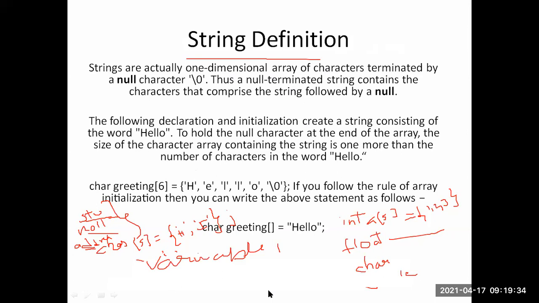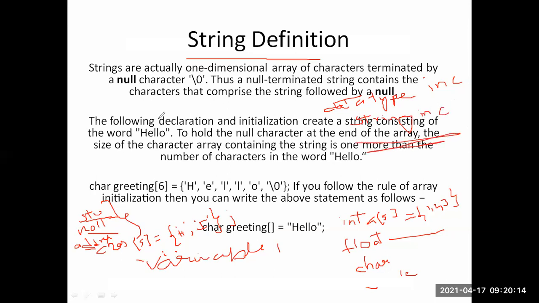Does any data type represent strings in C language? Is there any data type for the string function in C? There is no string data type in C language.